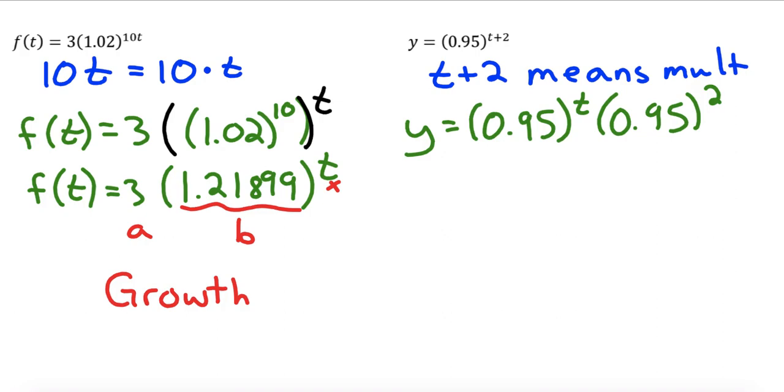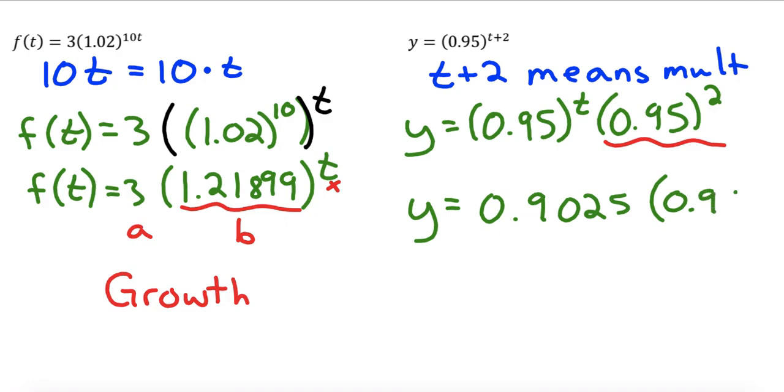We're undoing that property. Okay, so now we can calculate this part, and that becomes our a because it's just a constant. It's just a number. 0.95 squared is 0.9025, and then we still have 0.95 to the t.